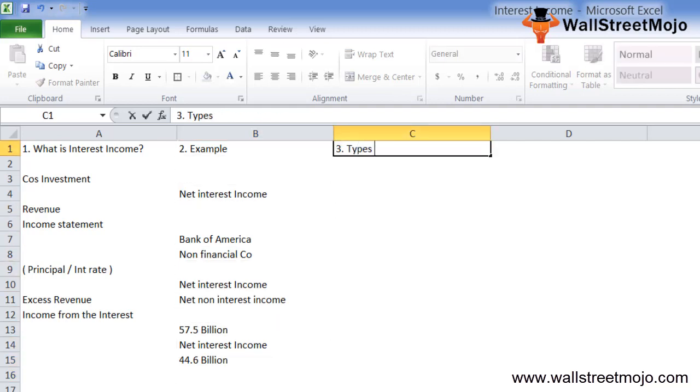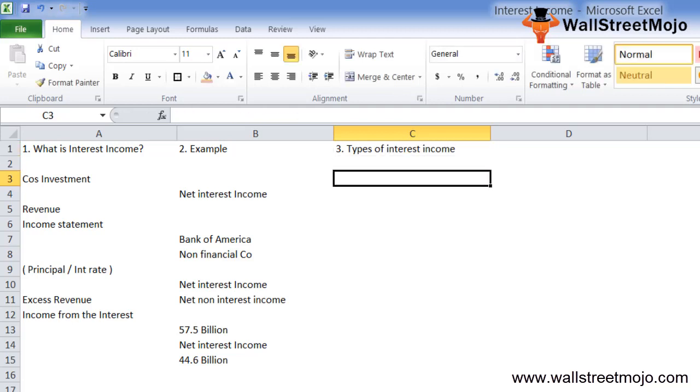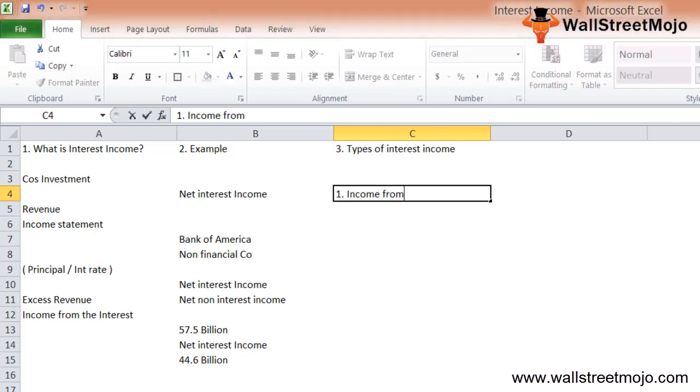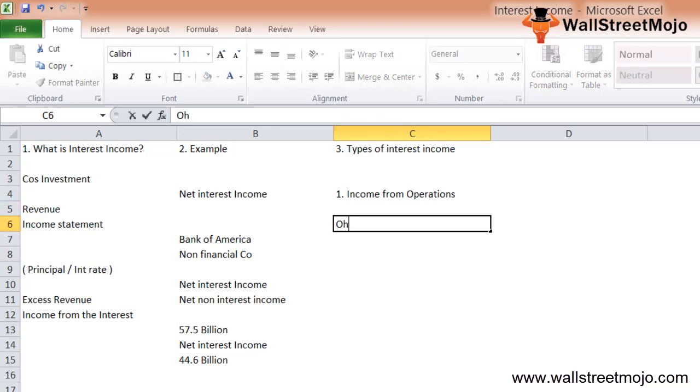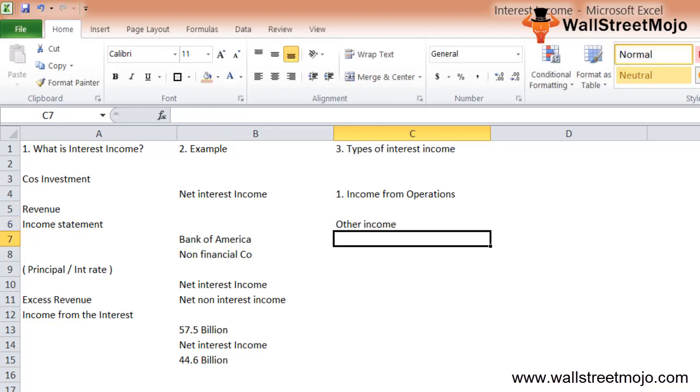Third, we'll discuss the types of interest income. There are two types of interest income. The first is called income from operations. In case the company's income statement shows income from operations and other income separately, then the type of interest income depends upon the primary operations of the business.